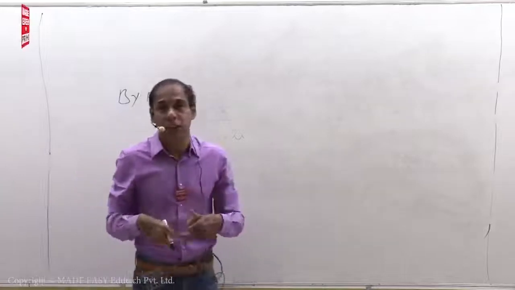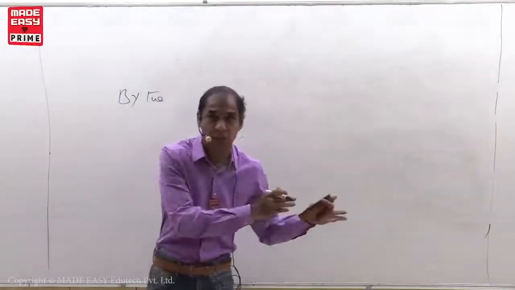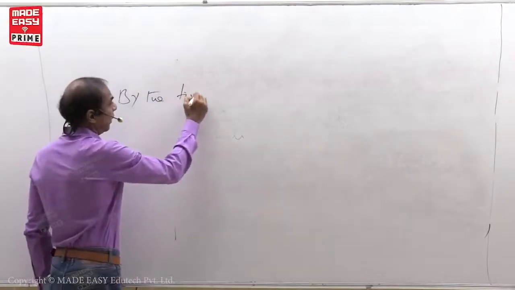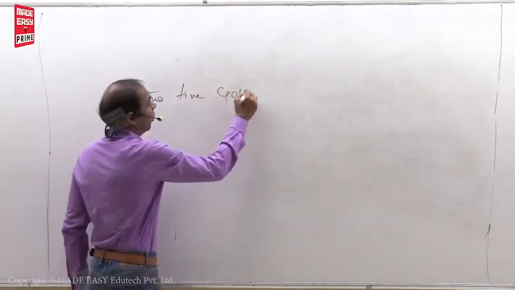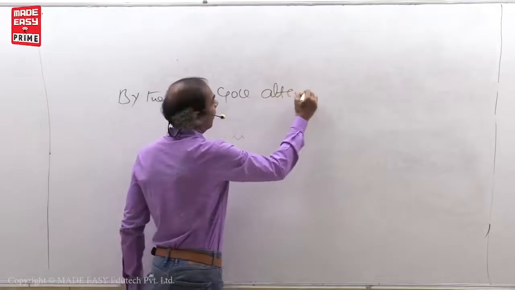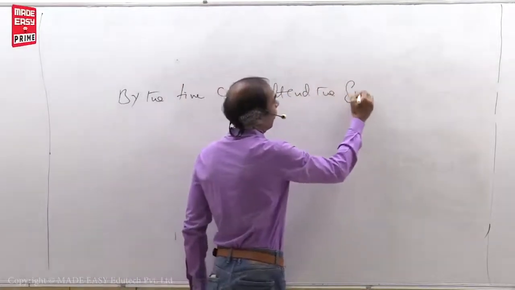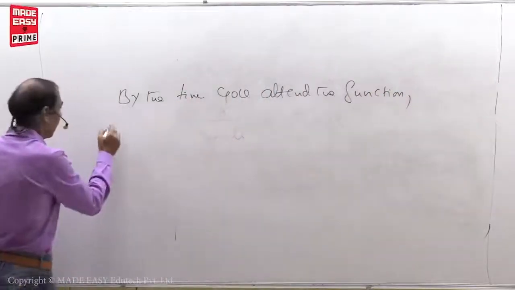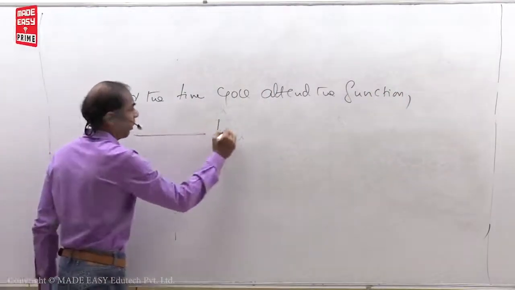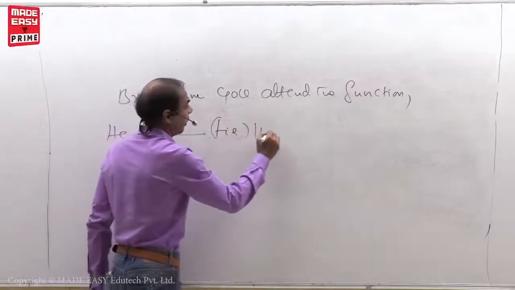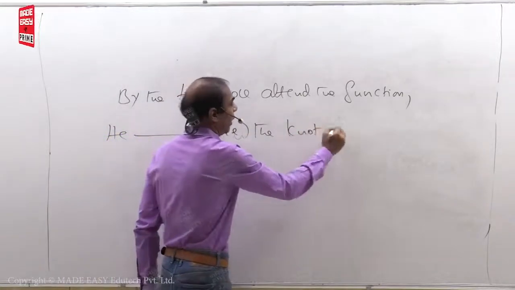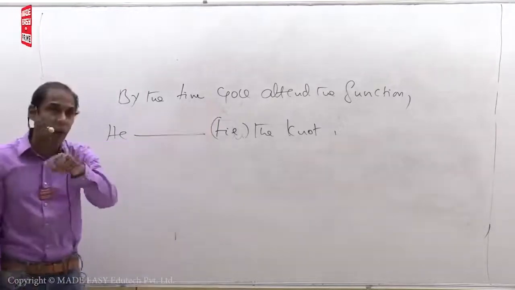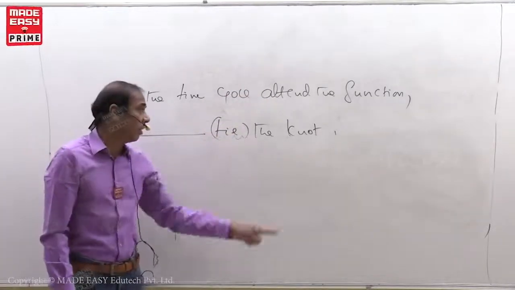For example, see, suppose if I am not going, she is going alone with somebody else. Son, I give the statement like this. See, by the time you attend the function, he dash tie the knot.